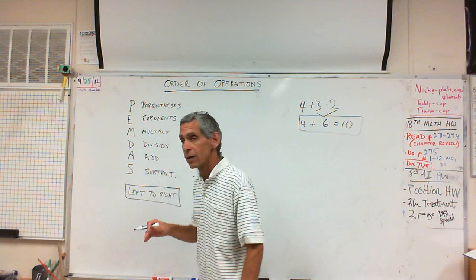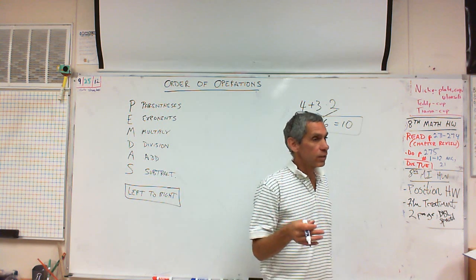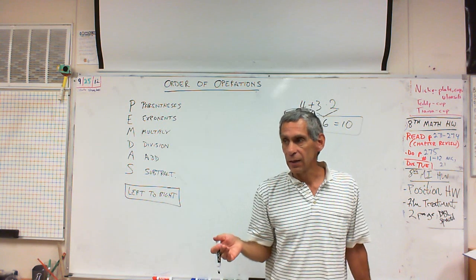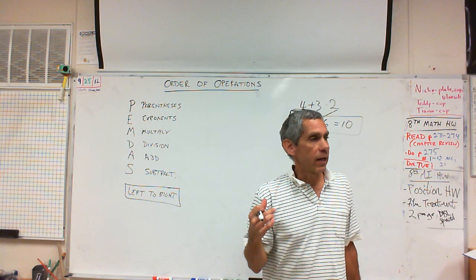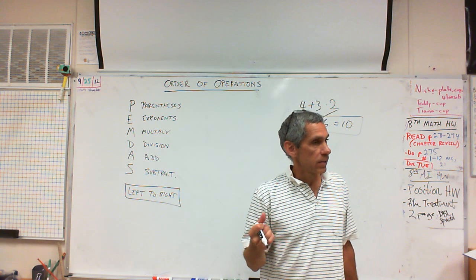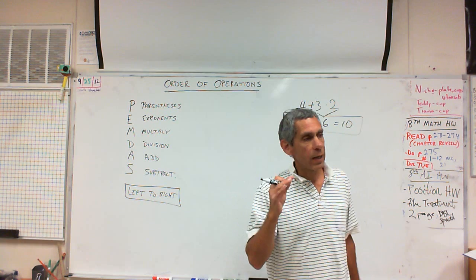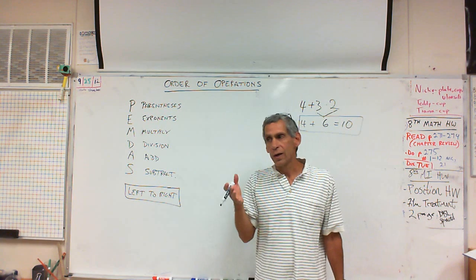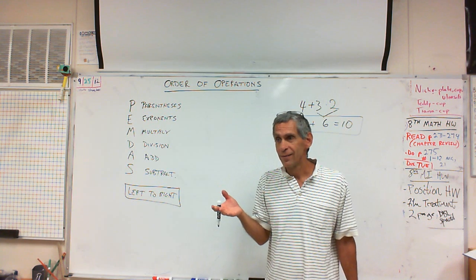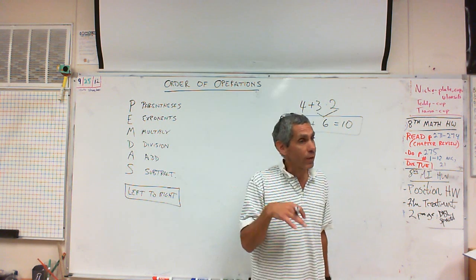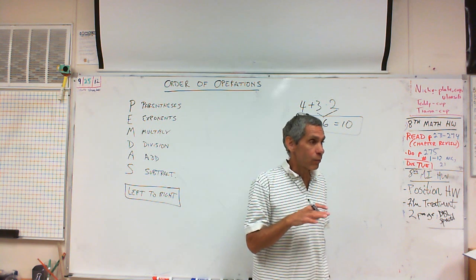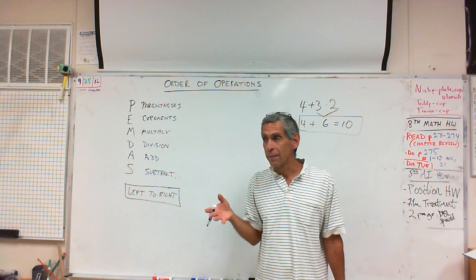So now we're going to do a bunch of problems, and you're going to start to see how they get done. One of the things that I have noticed is that people sometimes have a hard time identifying when something is a multiply. Because sometimes we use parentheses, and remember, parentheses always means multiply.